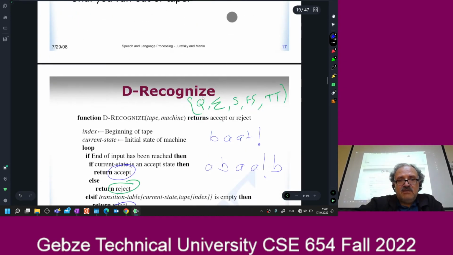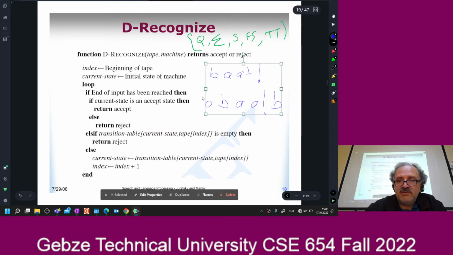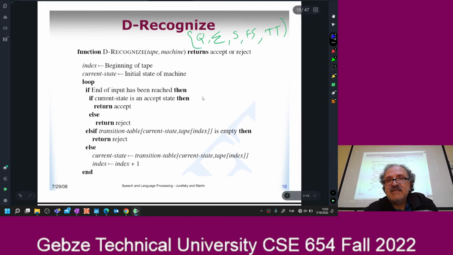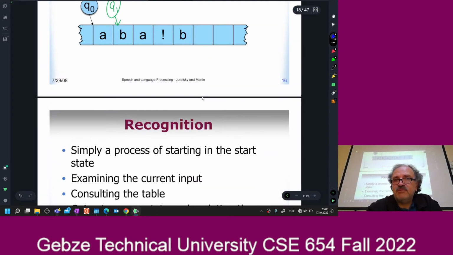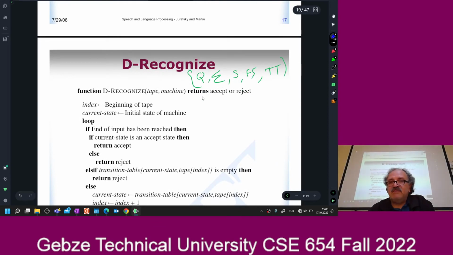This is the algorithm that we run, whatever your inputs are or whatever your machine is. This is D-Recognize, deterministic recognize. It takes a tape, which is the input, and a finite state machine.